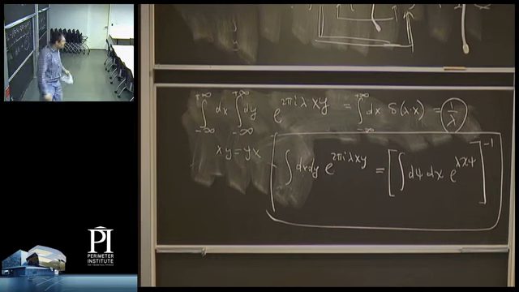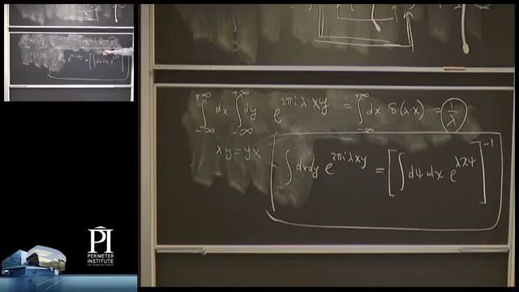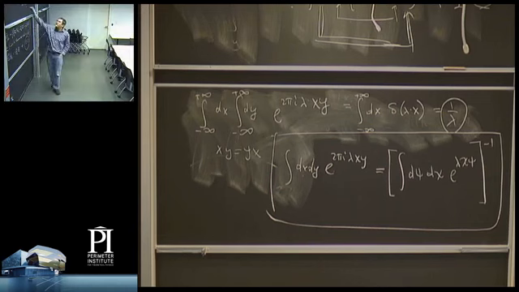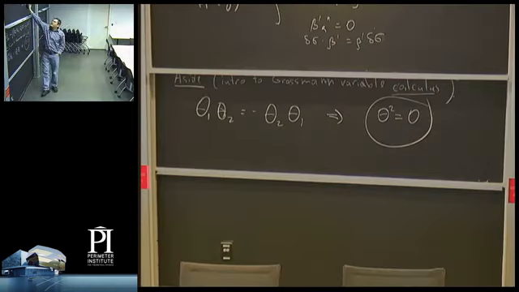Okay, so now you can see that the path integral itself is nothing but an infinite number of ordinary integrals. So that gives us an idea. Here we have an integral involving bosonic variables, right?